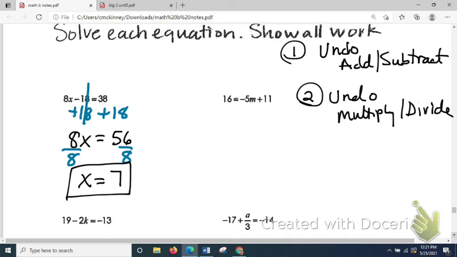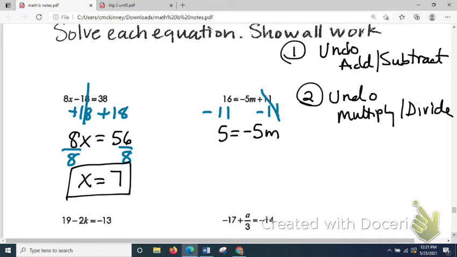All right, so pretty similar on the other side. Notice it does not matter which side your variable's on. You're going to try to get it by itself. So to get the variable by itself, I want to get rid of that plus 11. So I'm going to get rid of plus 11 by doing minus 11 on both sides. That gives me one step closer to that m being alone. 16 minus 11 is 5, is equal to negative 5m.